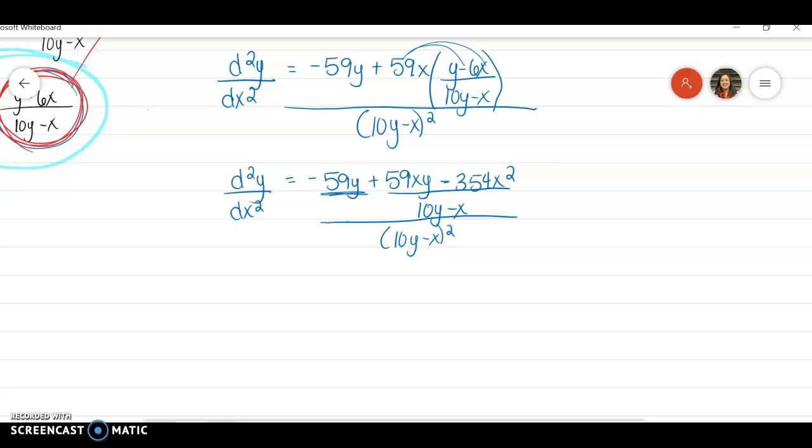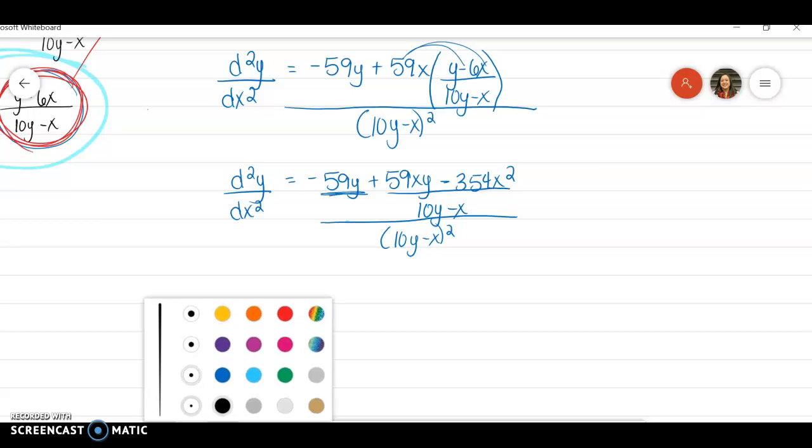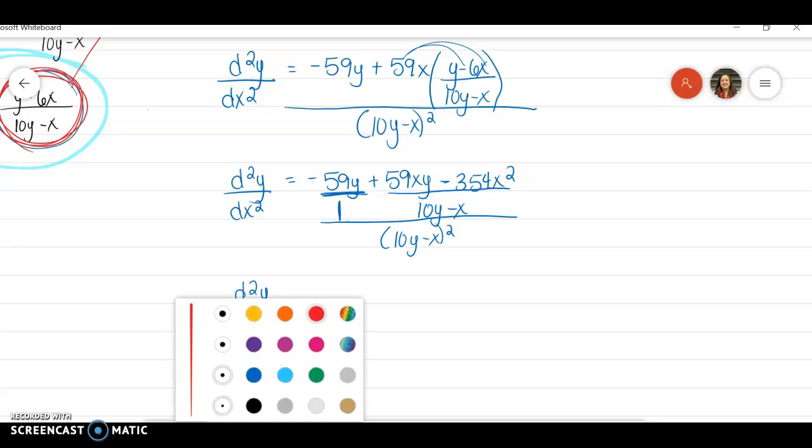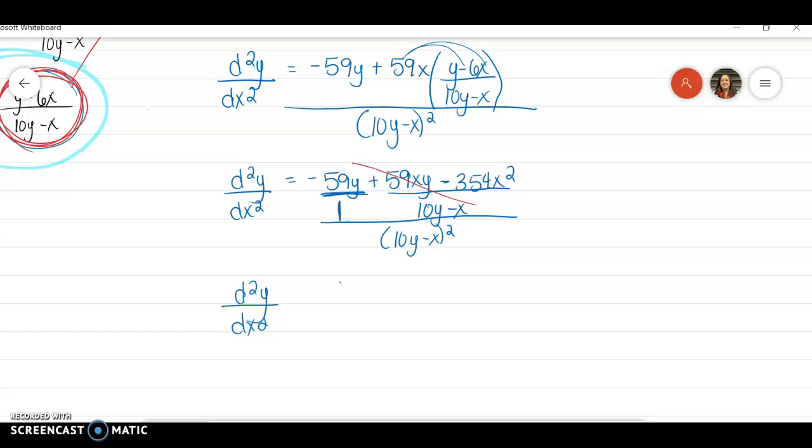So what's simple for me is to take this 59 over y and pretend there's a 1 there, and I'm going to cross multiply to combine those fractions. And that would leave me with, let's color coordinate this, okay? So I'm going to multiply it this way. And if I do that, that's going to give me a negative 590y squared plus 59xy.